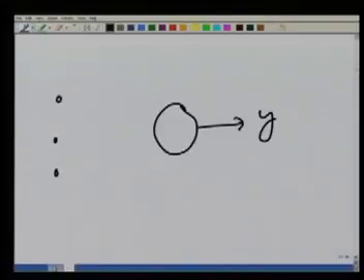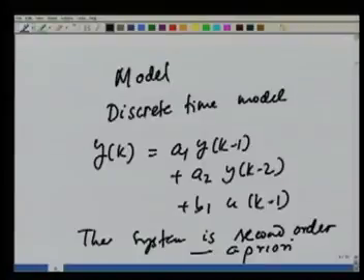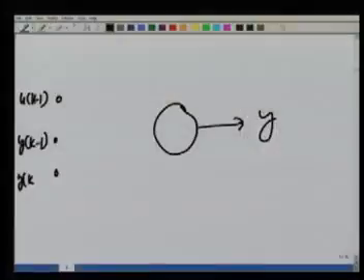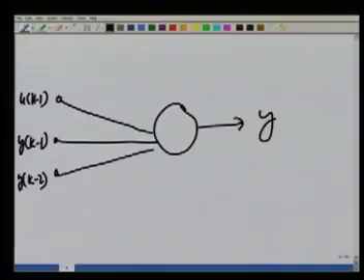As I said before, the inputs are yk minus 1, yk minus 2, uk minus 1. I put them here: uk minus 1, yk minus 1 and yk minus 2. These are 3 inputs, and I connect them through 3 weights W1, W2 and W3, and I add them.